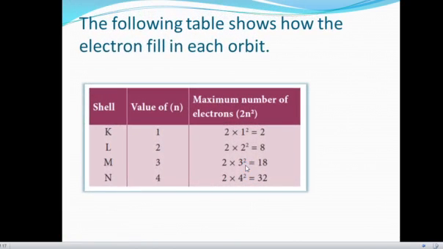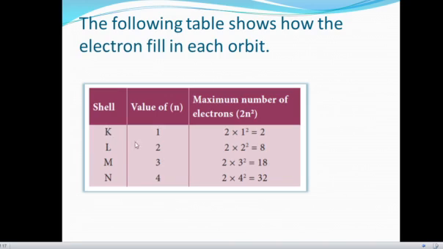If the shell is K, the value of n is 1. So 2n square, 2 into 1 square, equals 2. If the shell is L, the value of n equals 2 and the maximum number of electrons present in the L shell is 8. If M is the shell, the value of n is 3 and the maximum number of electrons equals 18. Likewise it increases.